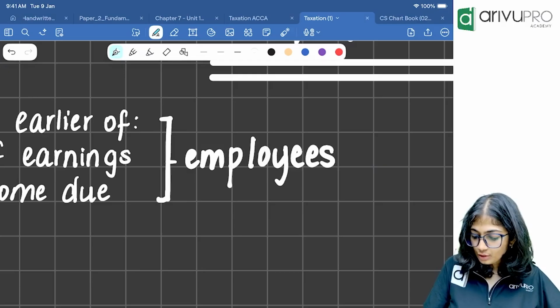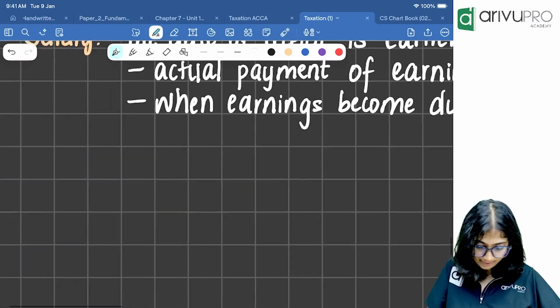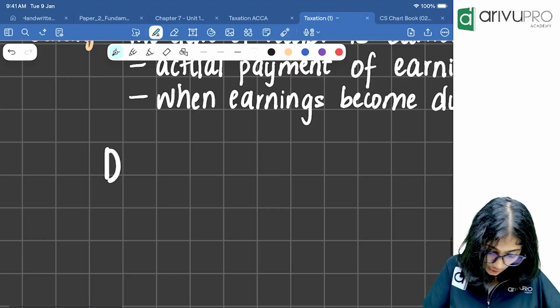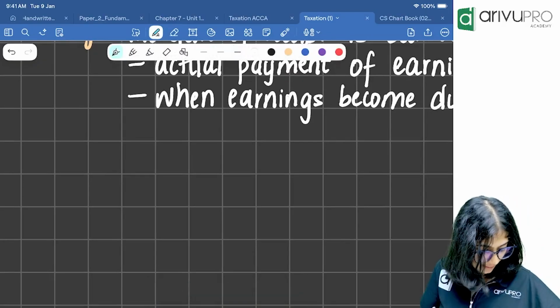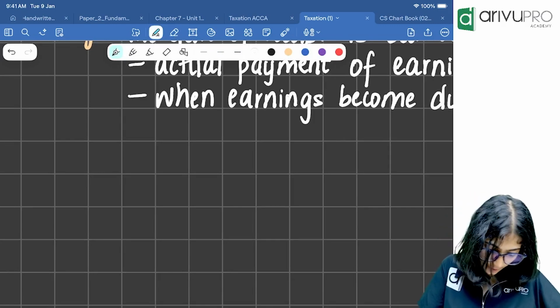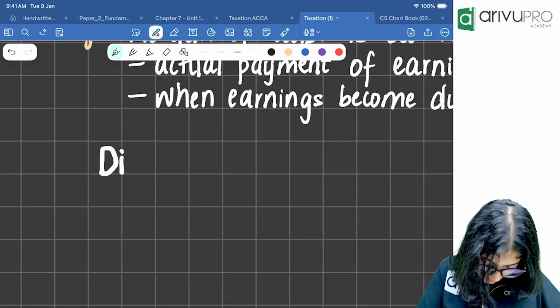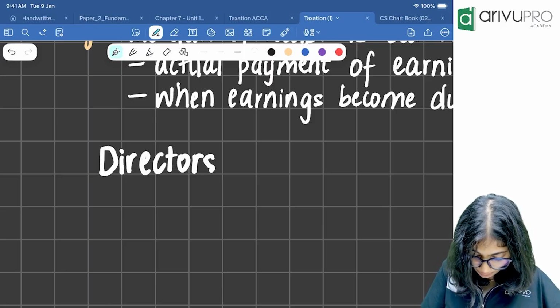But for directors, there are special rules. Don't worry, it's not going to be that complicated. It's just that instead of 2 dates, we have 3 or 4 dates. Okay, so directors.